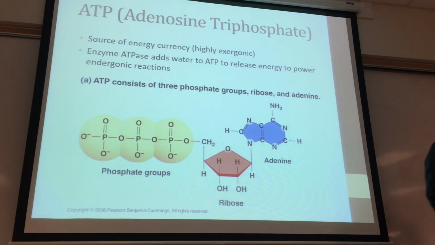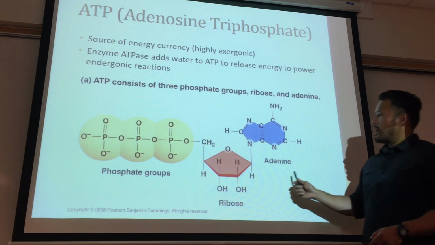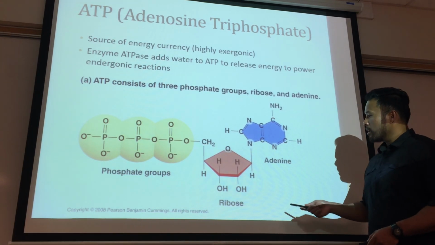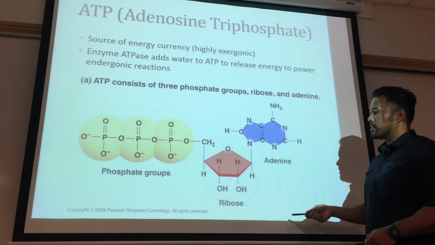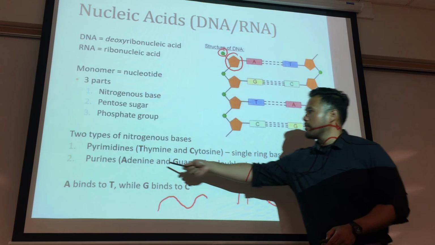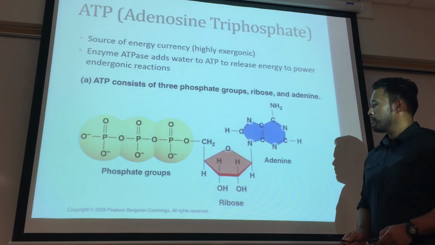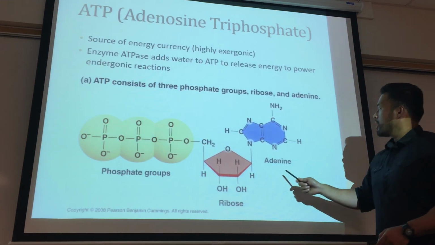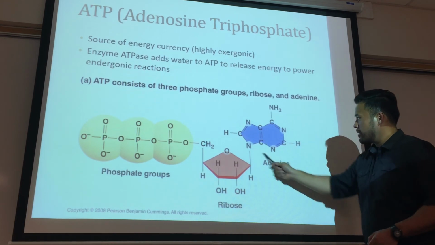Now, take one specific nucleic acid, one of these DNA or RNA structures. We're going to take one nucleic acid, specifically an adenosine, with an adenine nitrogenous base. This is our adenine.